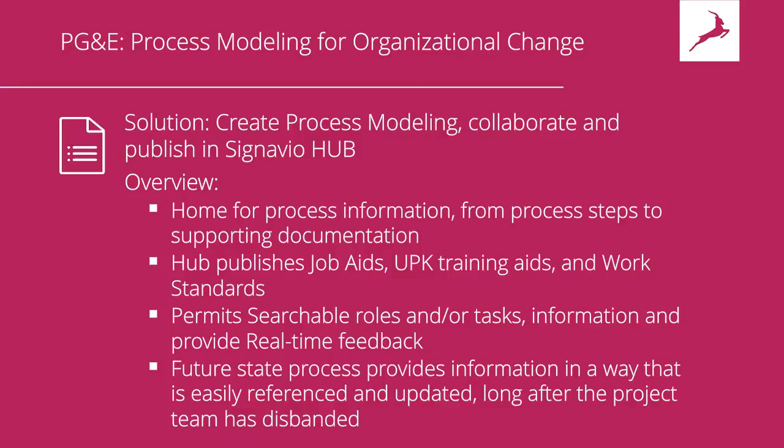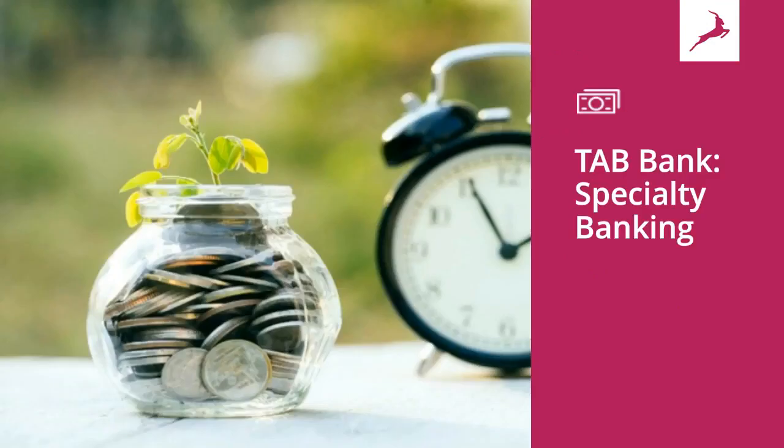So it became a common source of the truth for what to do next in their maintenance cycle, but also a common source for documentation and procedures and to give real feedback as to how to do the maintenance on the systems themselves. Let's talk about Tab Bank.